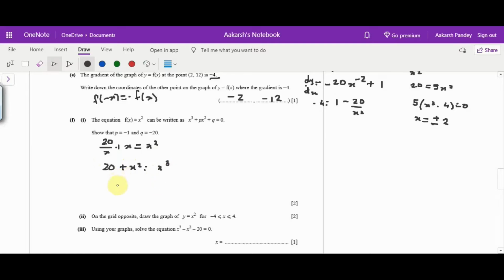Now we'll just take everything to one side. We get x cube minus x square minus 20 equal to 0. And by comparing it with this, we get p is minus 1 and q is minus 20. That is what we had to show here, and we have shown it.